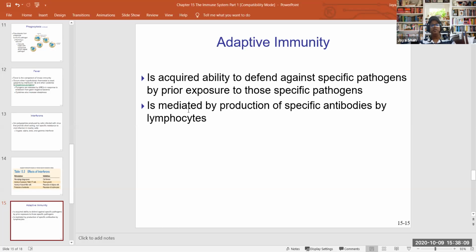So adaptive immunity is the acquired ability to defend against specific pathogens by prior exposure to those specific pathogens. And it is mediated by production of specific antibodies by lymphocytes. So adaptive immunity is possible only when you are exposed to that particular antigen and when your T cells and B cells are active, okay?